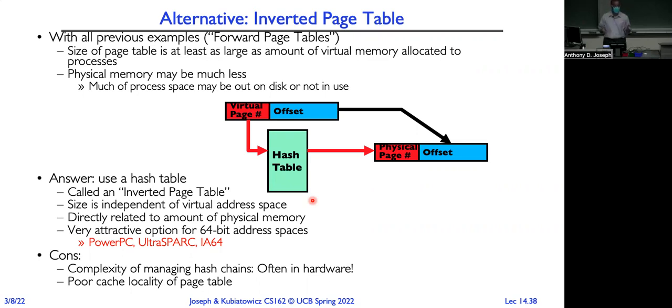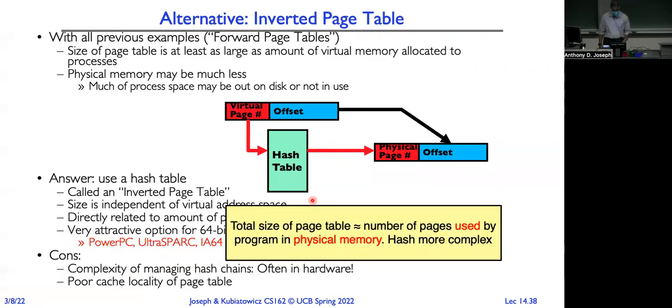And in fact, they all fit on one page. So it was very efficient. Okay, but the benefit here is the size of our hash table is proportional to the number of pages being used in physical memory, which is going to be much, much smaller than the number of pages used in virtual memory.